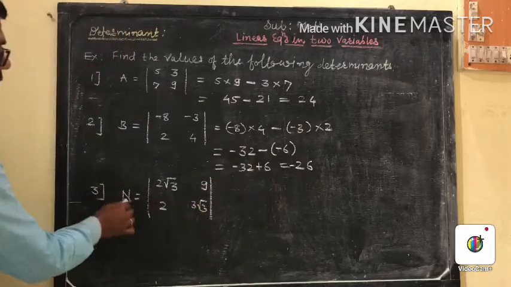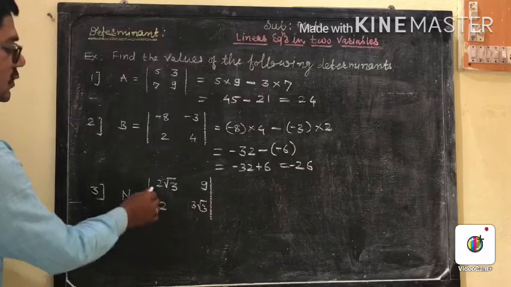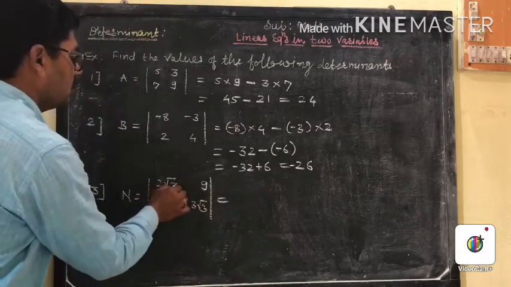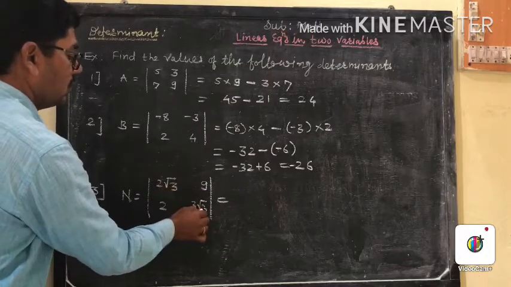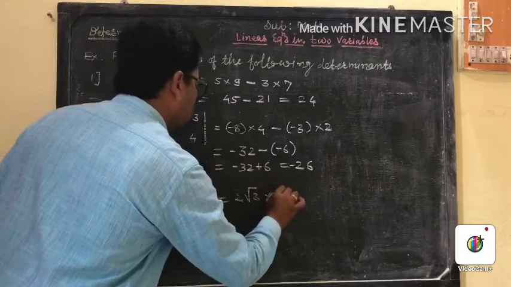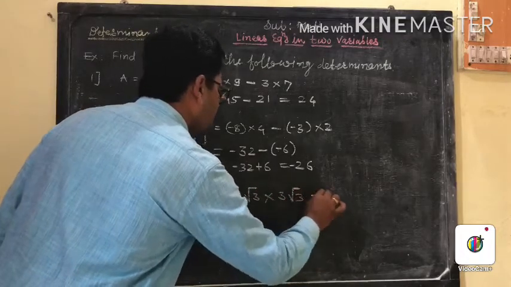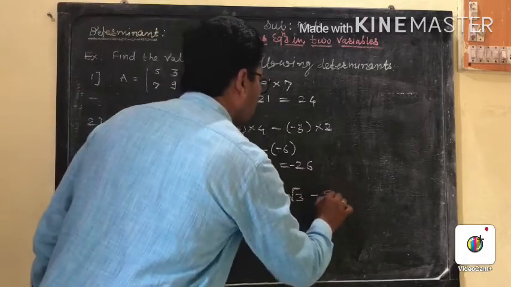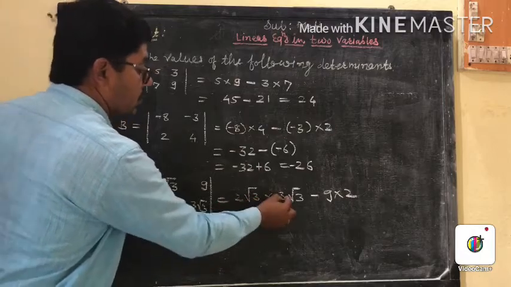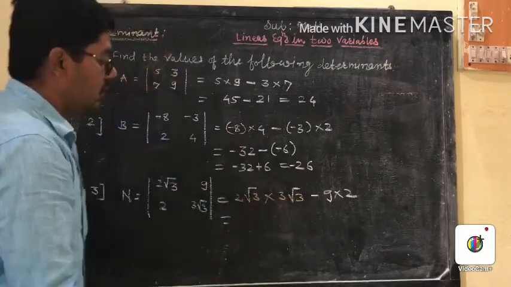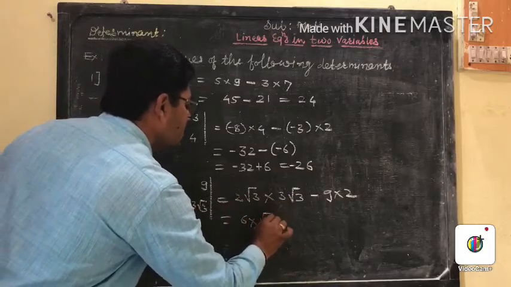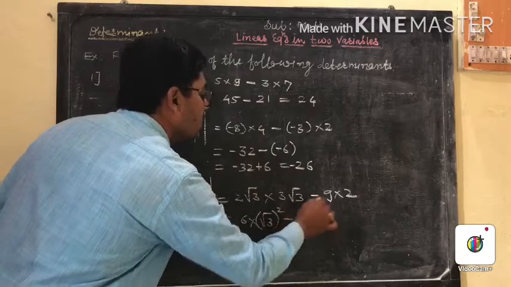In the same way we can find the value of the third determinant: 2 root 3, 3, 9 and 3 root 3. That is 2 root 3 into 3 root 3 minus 9 into 2. Multiplying the integers first and then the roots: 2 into 3 is 6, into root 3 squared, minus 9 into 2 is 18.